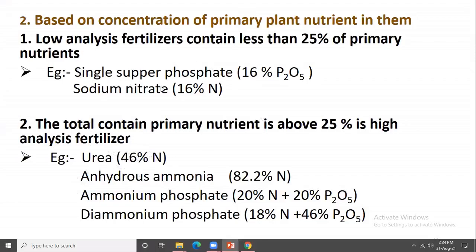And you must know 2 examples for each one. Low analysis fertilizer contains less than 25% of primary nutrients. What are the examples? Single superphosphate and sodium nitrate. And here, urea, anhydrous ammonia, ammonium phosphate and diammonium phosphate. Okay.